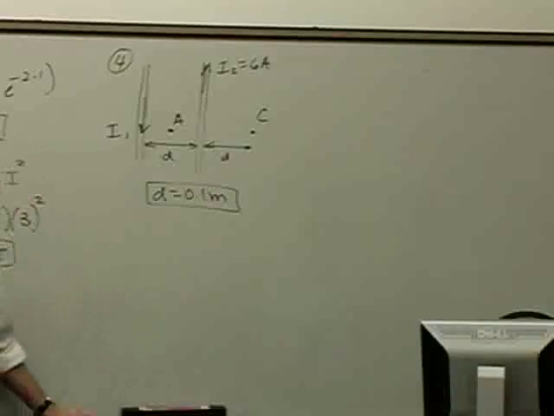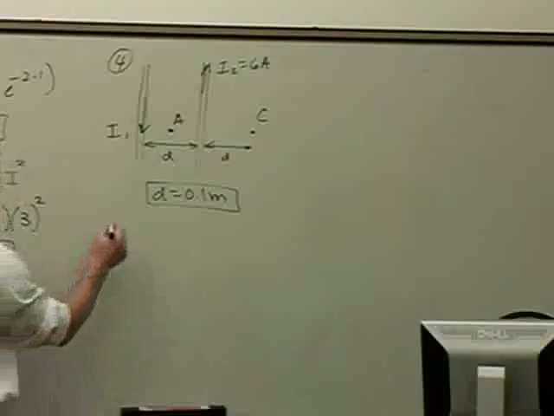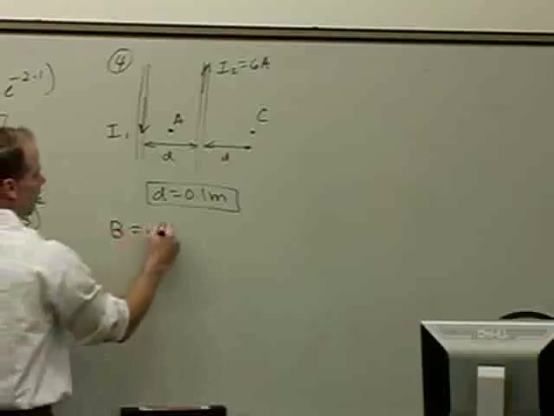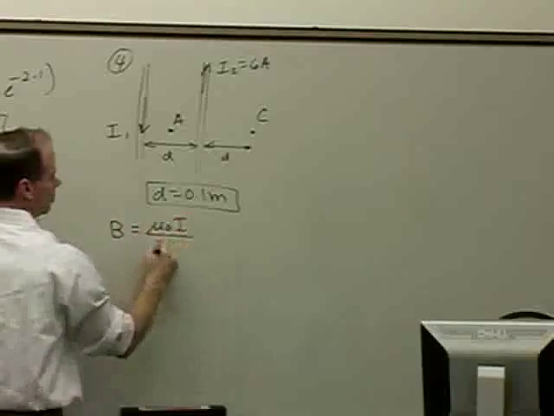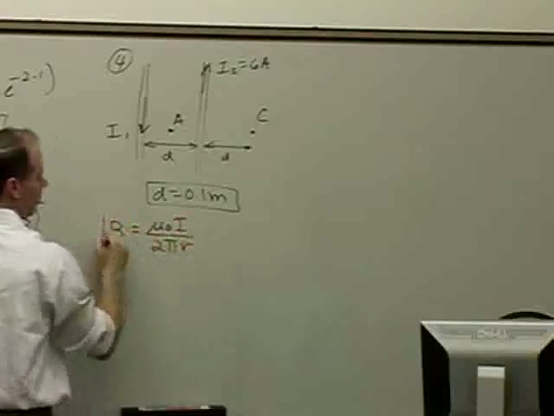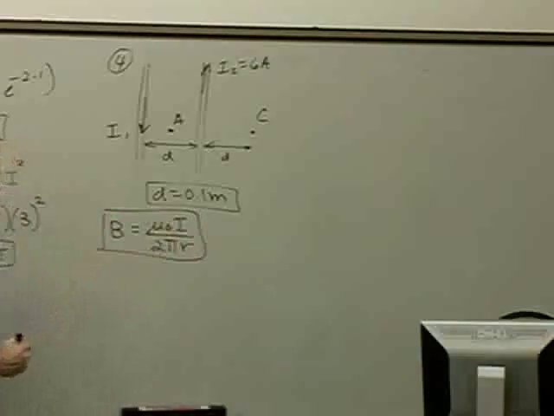Well, we have two infinitely long wires. We know the magnetic field due to an infinitely long wire is mu naught I over 2 pi r, if we are some perpendicular distance r away from that wire.